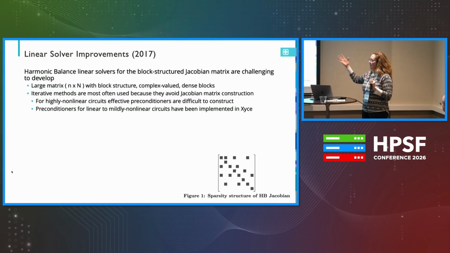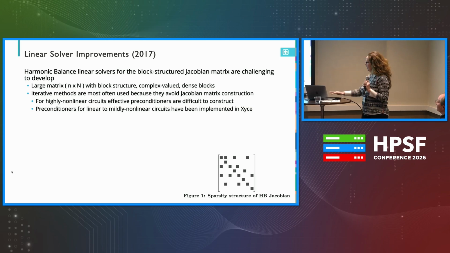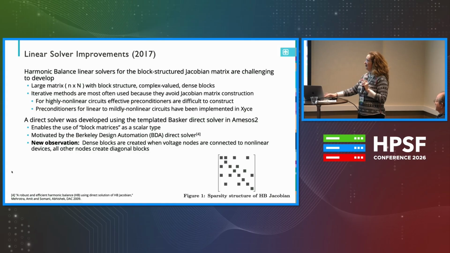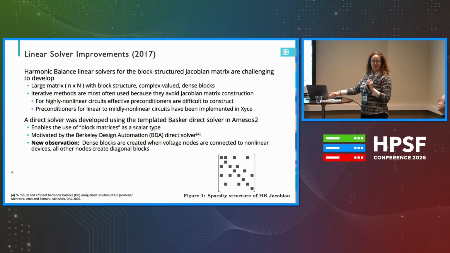But if that device is linear, that block is actually a diagonal. So you can have a very structured solve, and we created a nice structured solve using that. That was necessary because for highly nonlinear circuits, preconditioners and iterative methods for harmonic balance are hard to get as well.